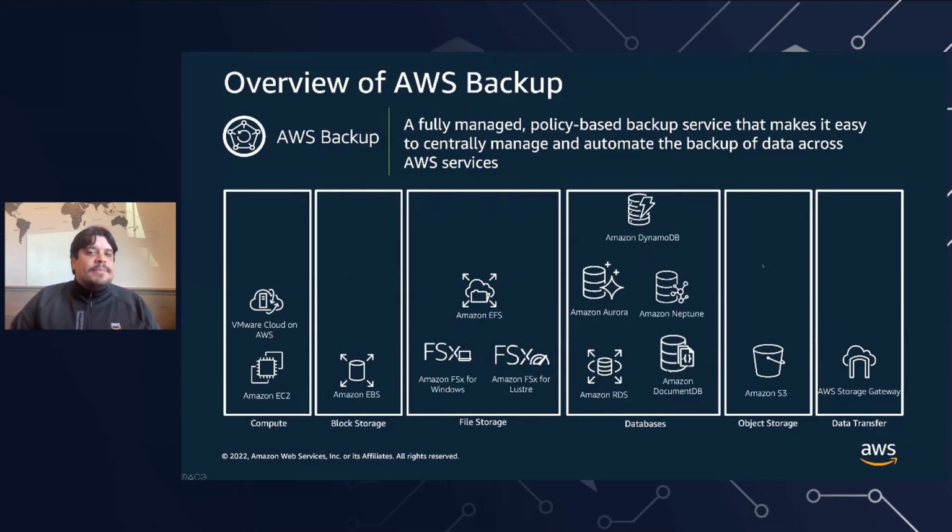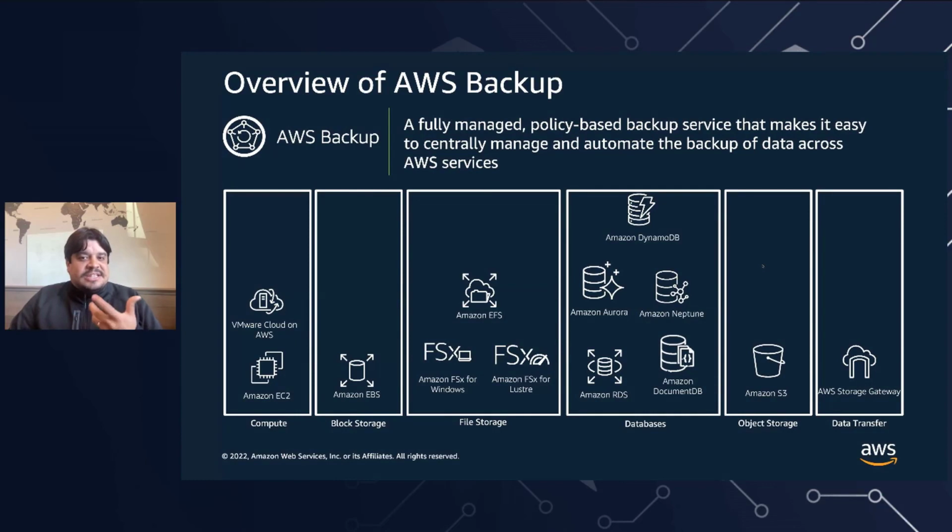Let's talk about AWS Backup. AWS Backup is a fully managed service that makes it easy to centralize and also to automate data protection and backing up data across multiple AWS services. With AWS Backup, you no longer have to manage data protection of your resources in AWS separately with every single service.